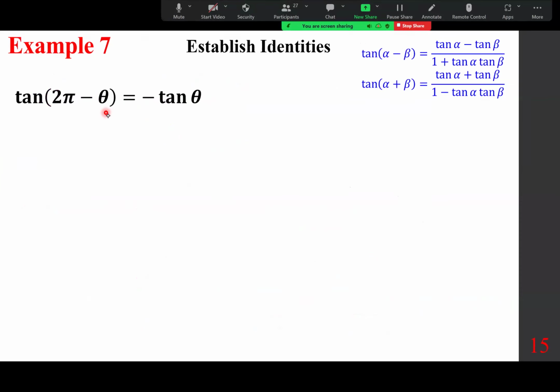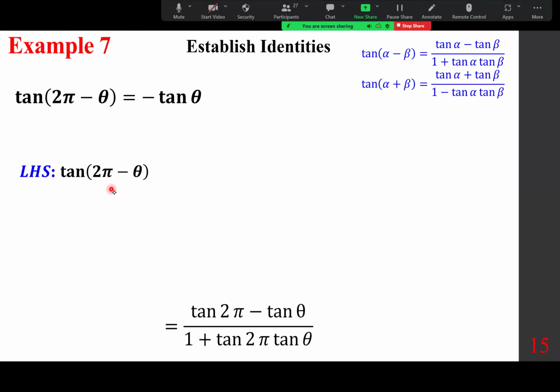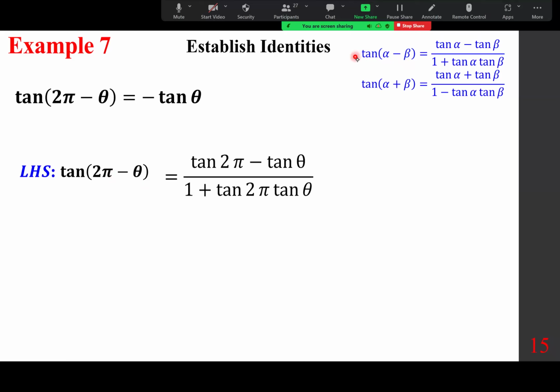Tan of 2 pi minus theta is minus tan theta. We start with the left-hand side. And we are going to follow tan of alpha minus beta, which becomes tan of 2 pi minus tan of theta over 1 plus tan of 2 pi tan of theta, according to the formula here.